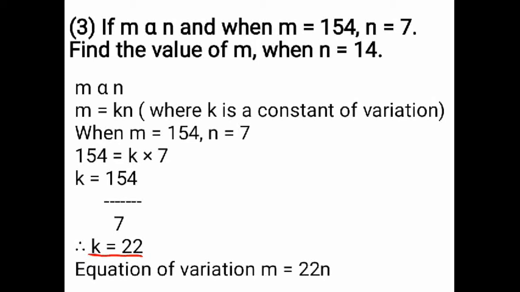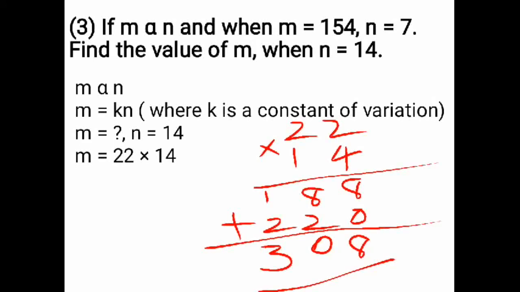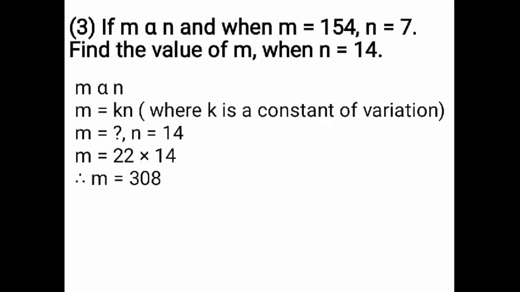So this value you have to substitute. Now you have to multiply 22 into 14. I have multiplied here 22 into 14. I am getting the answer 308. Therefore, M is equal to 308. This is the final answer.